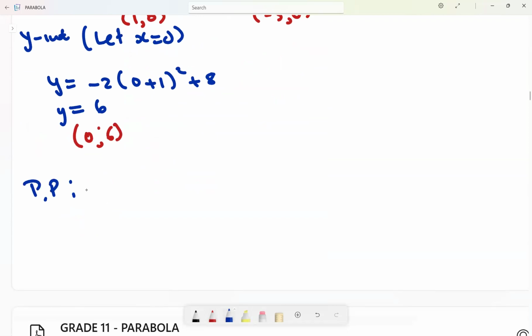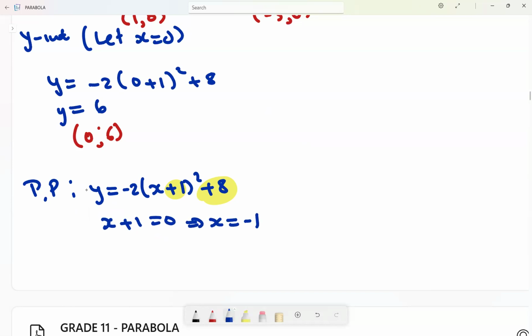The turning point, how do I find it? I say y is equal to negative 2 into (x plus 1) squared plus 8. Remember what my turning point is here: it is going to be negative p and q. Or what you can do is say x plus 1 is equal to 0, and then you get that x is equal to negative 1.